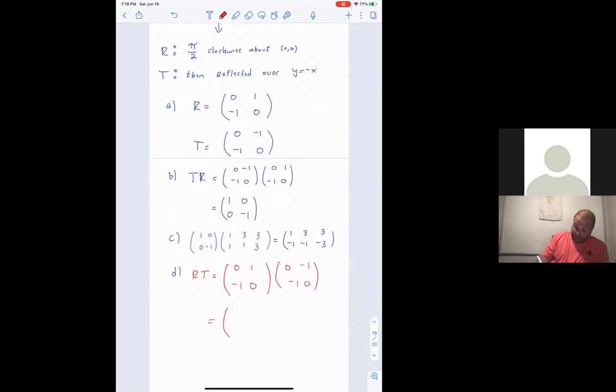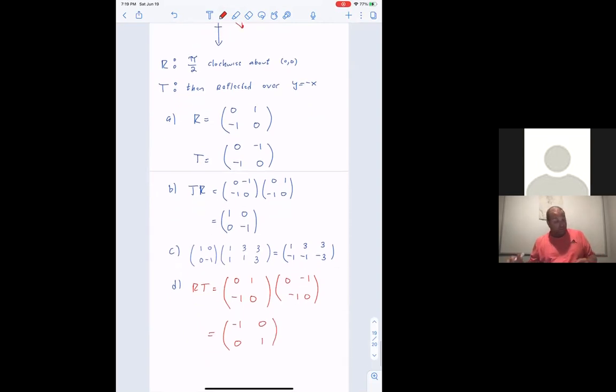So this one is negative 1. Well, already not the same thing. And then 0, and then 0, and then 1. So we get a completely different matrix, negative 1, 0, 0, 1.